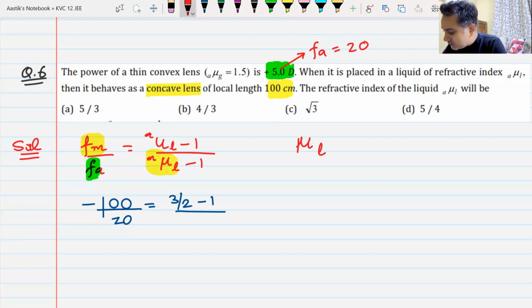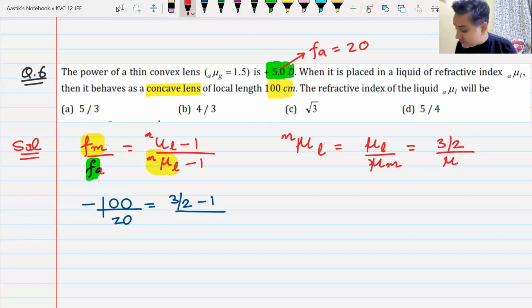You must remember that formula. Refractive index of lens with respect to the medium will be equal to what, bacha? Tell me. It will be the refractive index of lens divided by the refractive index of the medium. Yes or no? Yes, sir. So I can write it as 3 by 2 divided by mu. This is the mu that I have to calculate. So 3 by 2 divided by mu, minus 1.